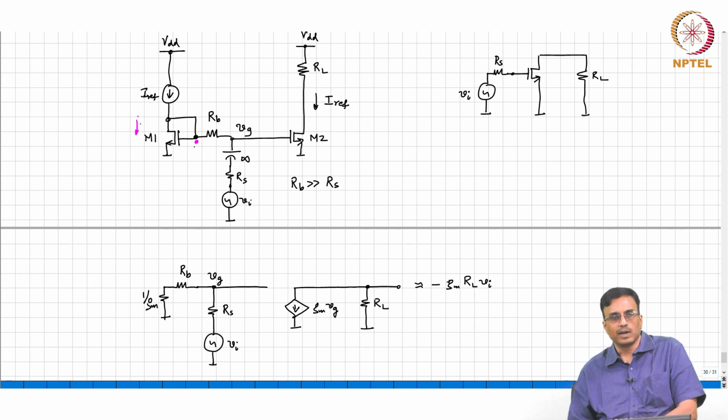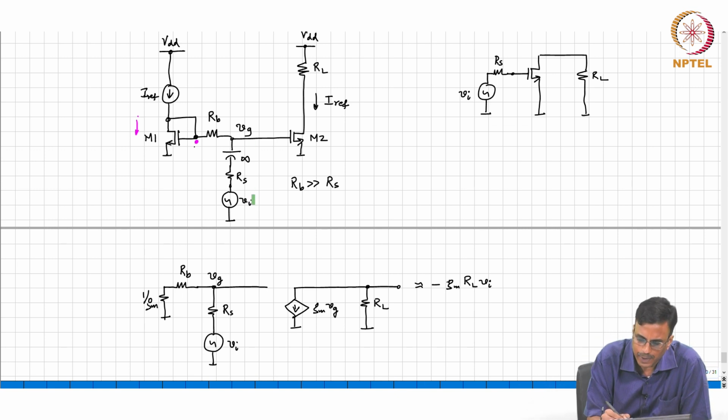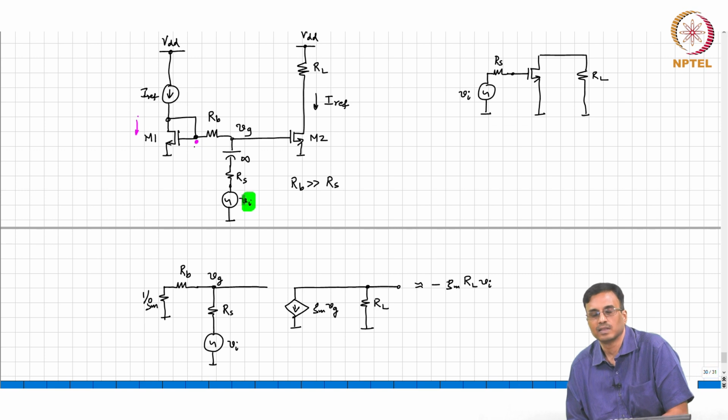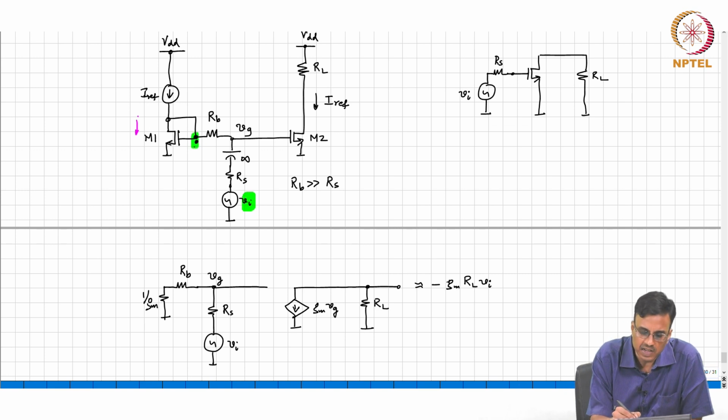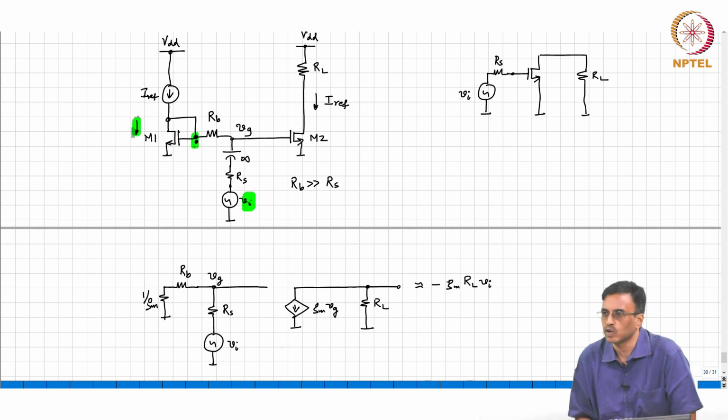So, looking at the circuit itself, you should be able to say that as far as swing limits are concerned, M1 is completely irrelevant, right. It's only M2 that makes the call, correct. In other words, whatever amplitude you put in there, this voltage is not changing, and therefore this current is not changing.